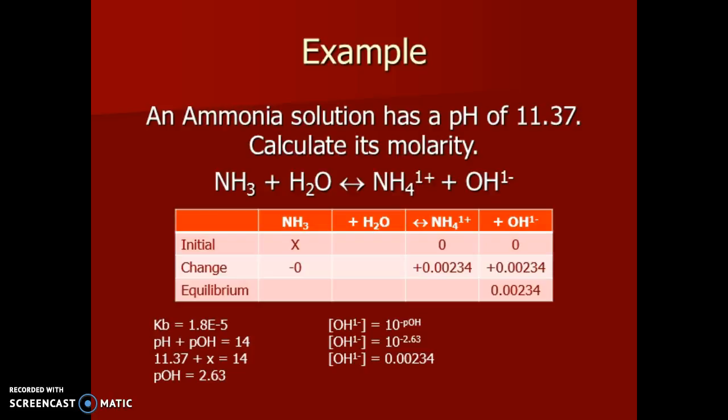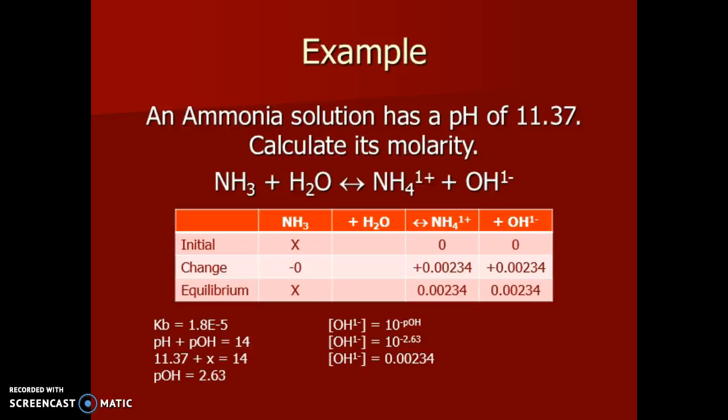So X is going to remain unchanged here, whereas both of our ammonium and hydroxide ion will get to see that change to the concentration since their initial concentrations are 0. So time to fill in the equilibrium concentrations now. So we'll define the concentration of the ammonia at X and ammonium and hydroxide at 0.00234.